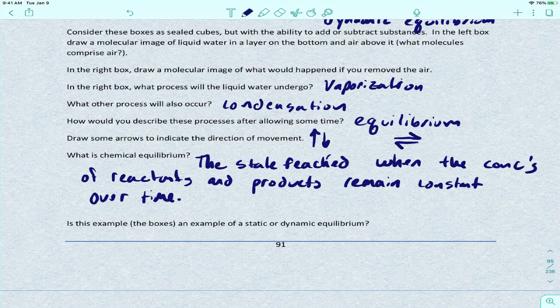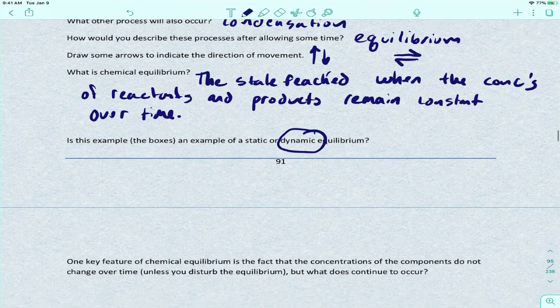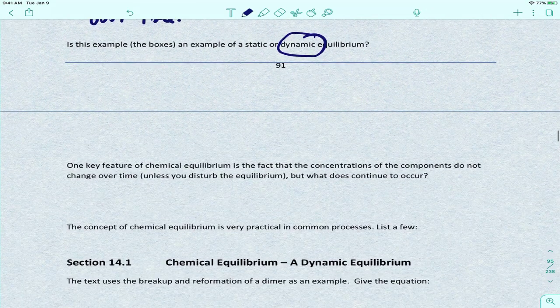Okay, so is this example above an example of static or dynamic equilibrium? We said it was a dynamic equilibrium because it's constantly going. Now one key feature of chemical equilibrium is the fact that the concentrations of the components do not change over time unless you disturb the equilibrium. So going back to our examples, what still continues to occur?